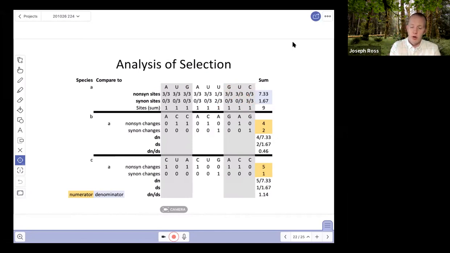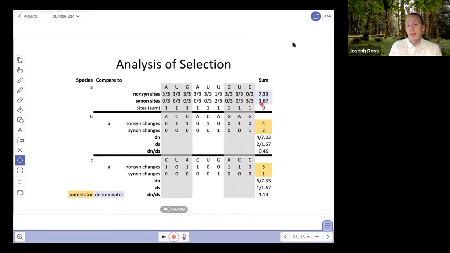And that's why there are 0 non-synonymous sites there. If a mutation happens here, it's guaranteed to be synonymous. All 3 possible changes are synonymous. So if we take a look then at this section of the chromosome from this one species, there are 7 1/3 non-synonymous sites and 1 2/3 synonymous sites, adding across all of those numbers.